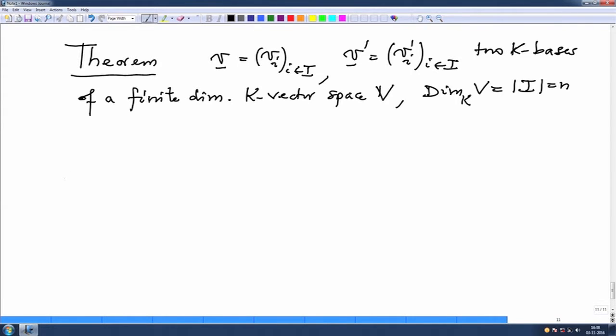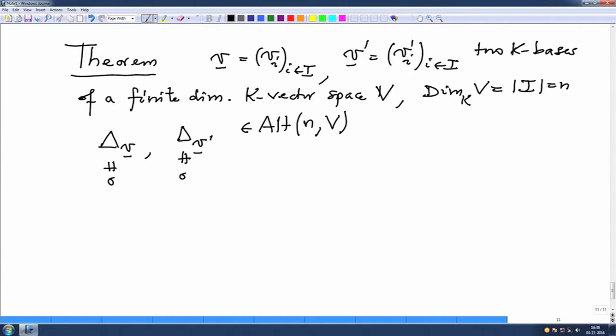Then we have two determinant functions, one corresponding to V, delta V, and another one corresponding to V prime, delta V prime. Both are non-zero because delta V evaluated at V1 to Vn is 1, and delta V prime evaluated at V1 prime, V2 prime, etc. is 1, so both are non-zero elements in the vector space Alt^n V. Therefore one must be a scalar multiple of the other, and I want to find what scalar multiple.